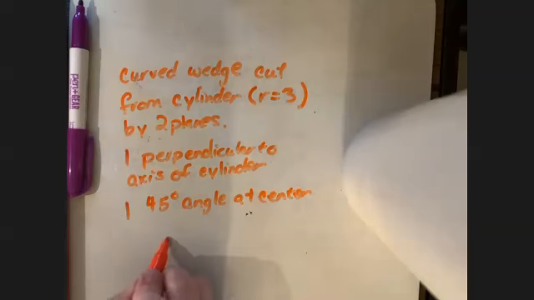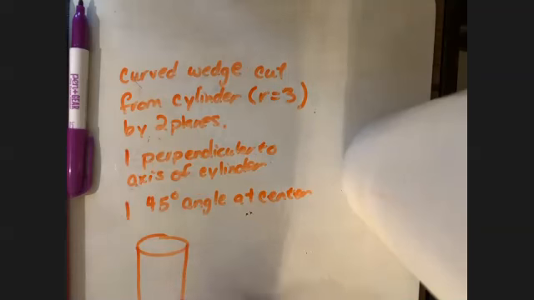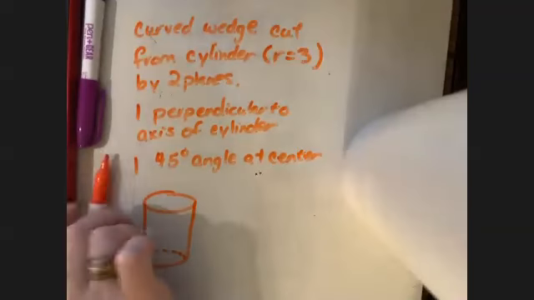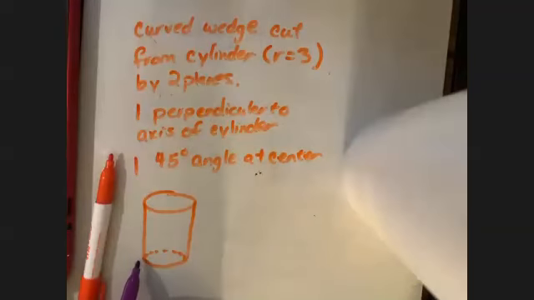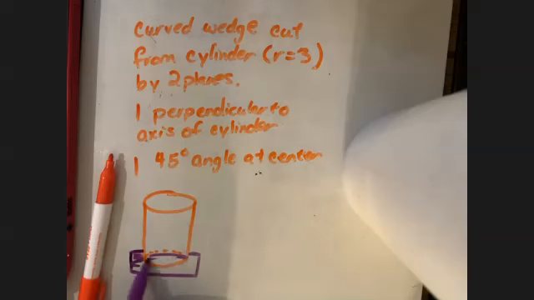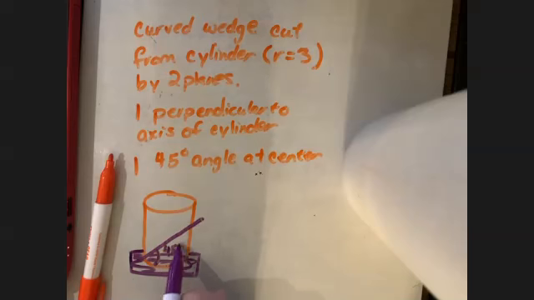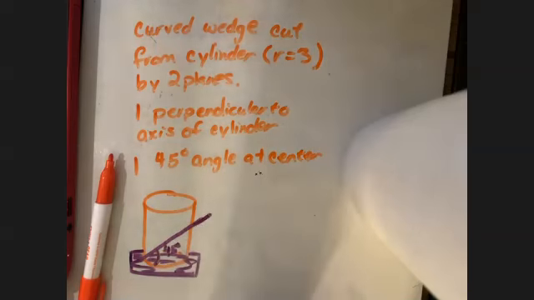Now let's get an idea of what this looks like. First off, the cylinder. What they're saying is the first plane cuts right here across the bottom face of this. The second one comes in and intersects this lovely little bugger at a 45-degree angle when it slices through.